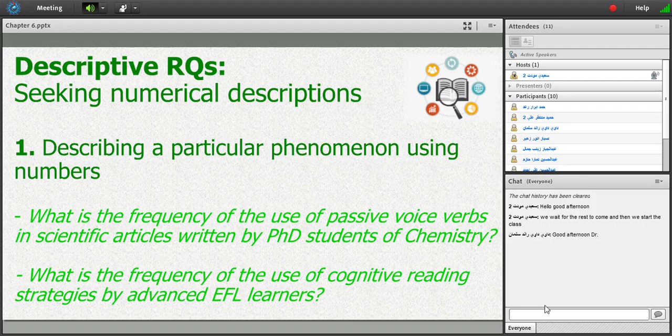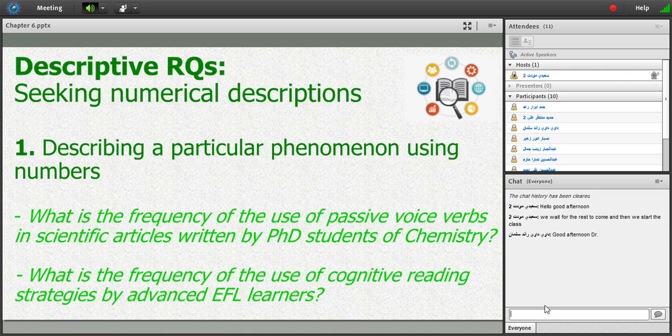For example, when I say the students use this particular reading strategy 10 times in this class, and the students in the other class use this reading strategy 5 times when they read a passage, these numbers have meanings.